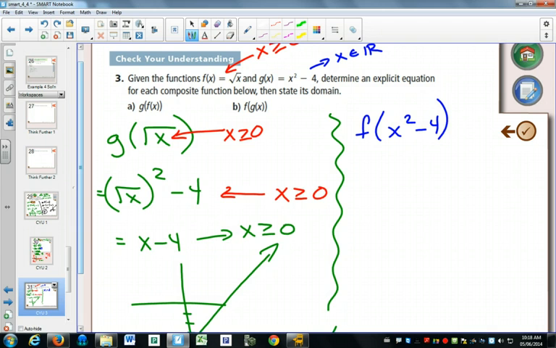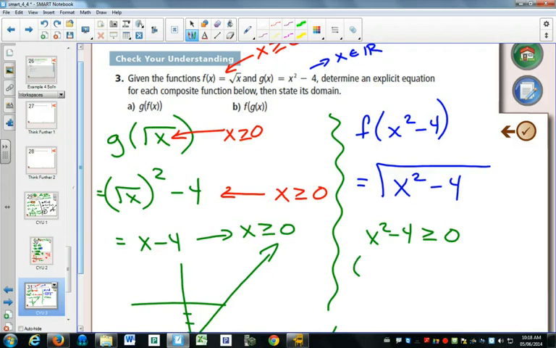It isn't until we plug this into f, and f says take the square root of whatever you put in, that we have to say, wait a second, now we can't take square roots of negatives. So I know that this inside, the x squared minus 4, has to be bigger than or equal to 0. Difference of squares, factors to x plus 2, x minus 2. So on our number line, minus 2 and 2.